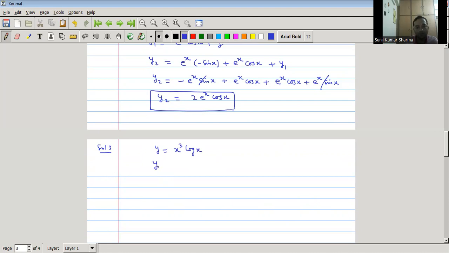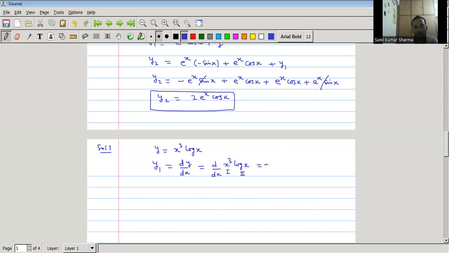So let us find the first derivative of y, y1. y1 is dy by dx of y. We have to differentiate y with respect to x. That is d upon dx of x cube log x. So we use the product rule. We can take x cube as the first function, log x as the second function.